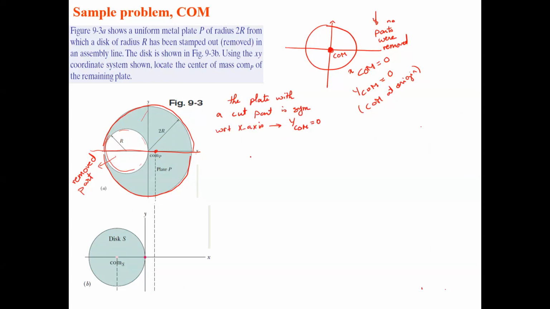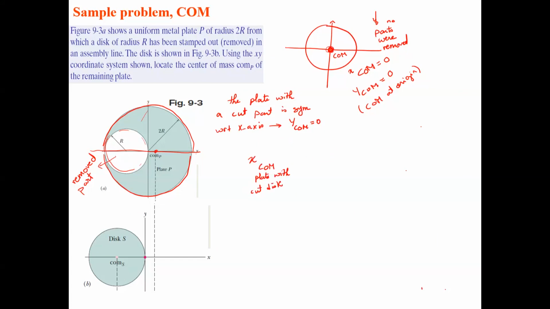What remains is to find x of the center of mass for the plate with a cut disk in it. I want you to see the trick that I will use to solve this question. It will be a very nice trick, which is so easy. It will help me in locating the center of mass. What I will do is I'll take the actual plate without removing any part of it.